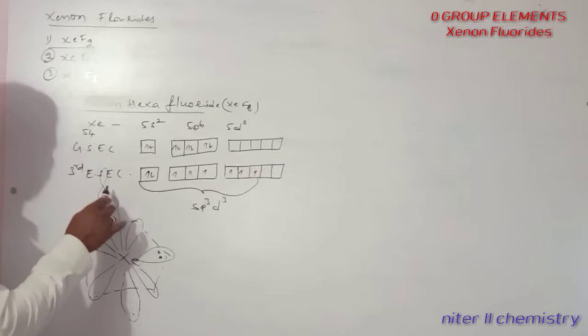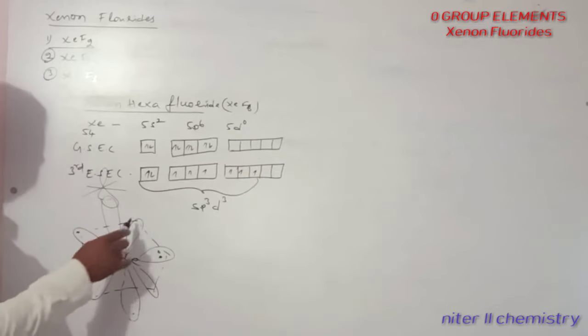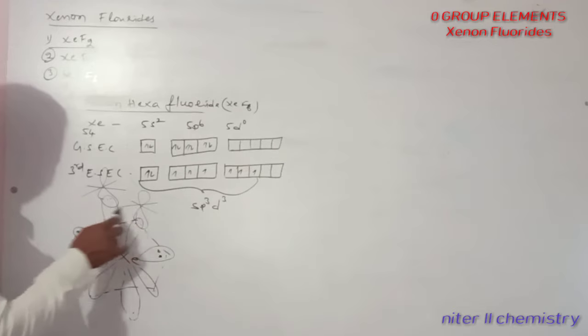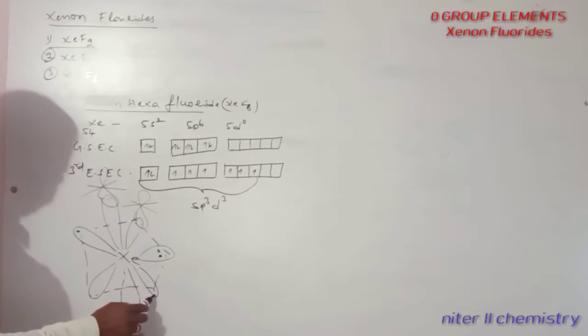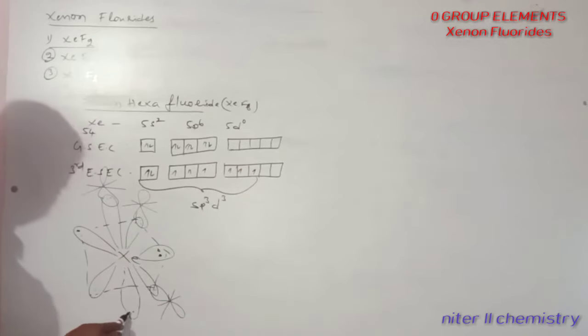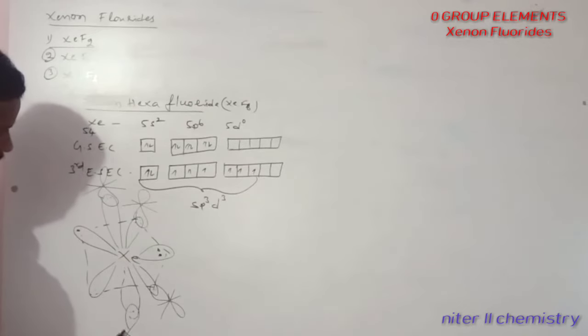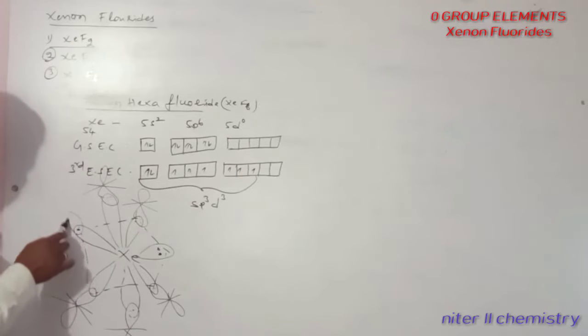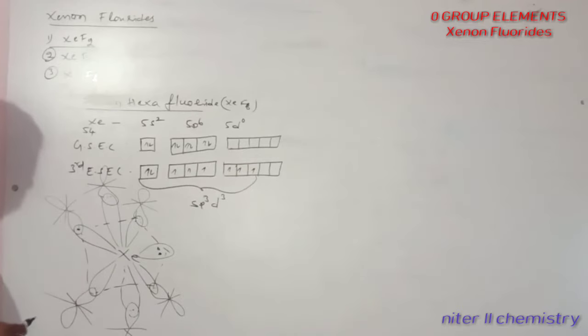Then we get the 6 sp3d3-p sigma bonds, like this, like this, like this.